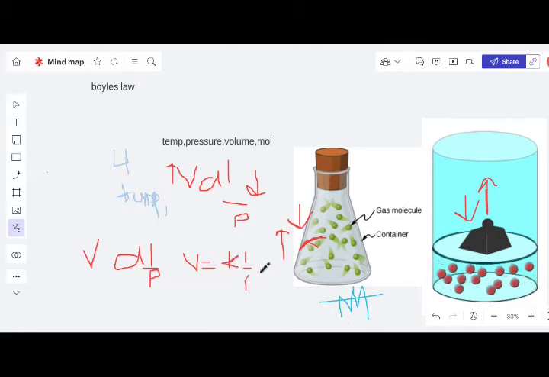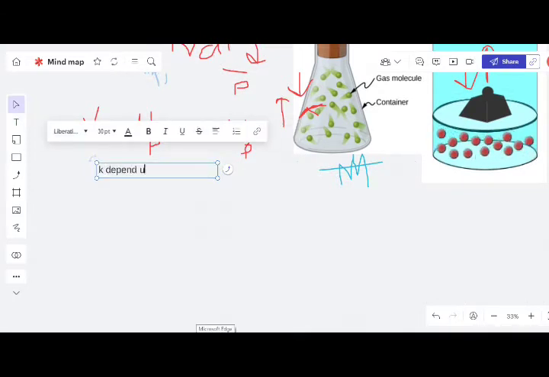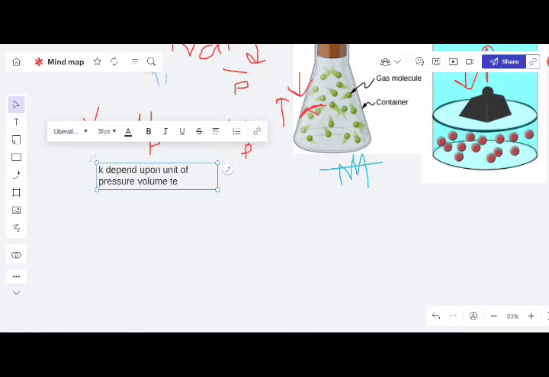So this k is basically a constant here, and k depends upon the units of pressure, volume, temperature, and number of moles. The k is dependent upon these parameters.